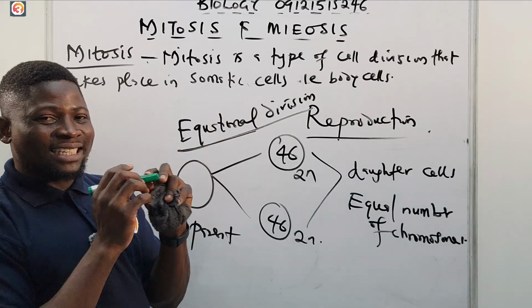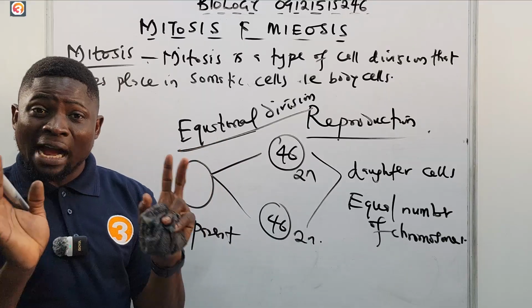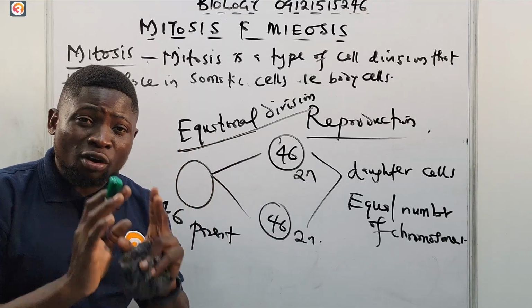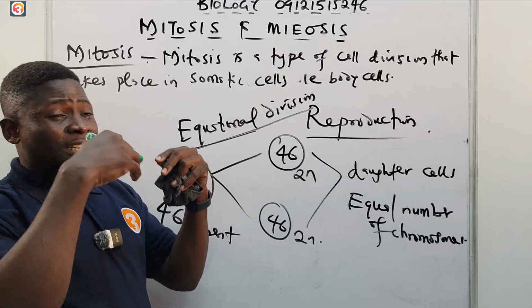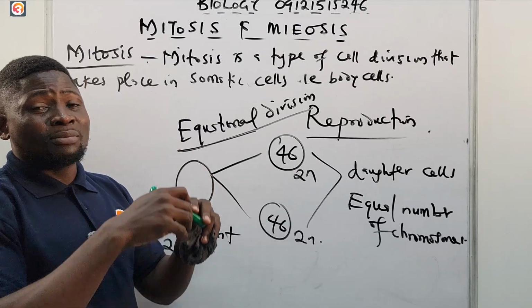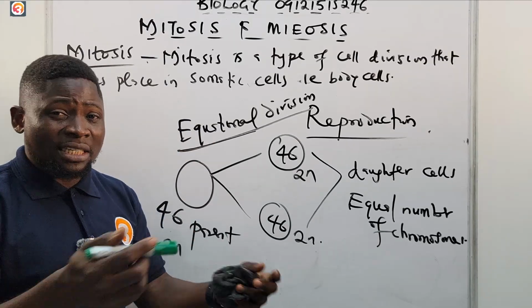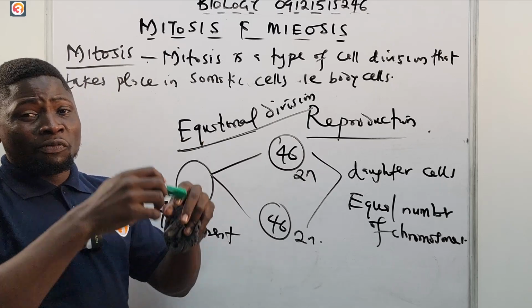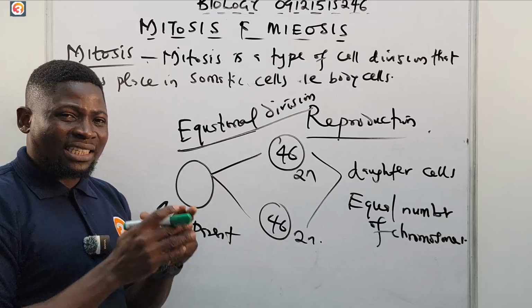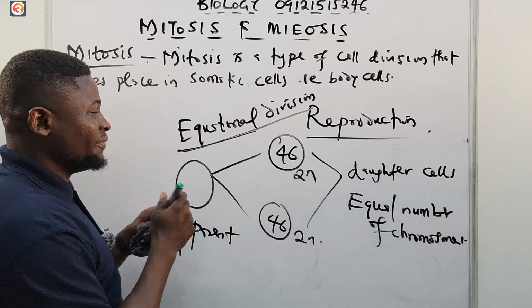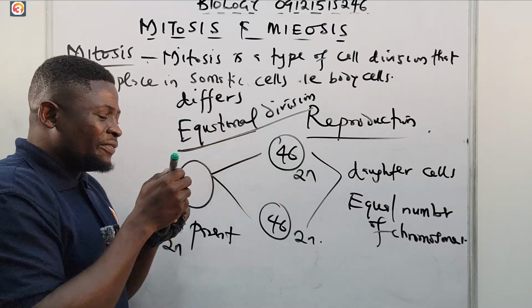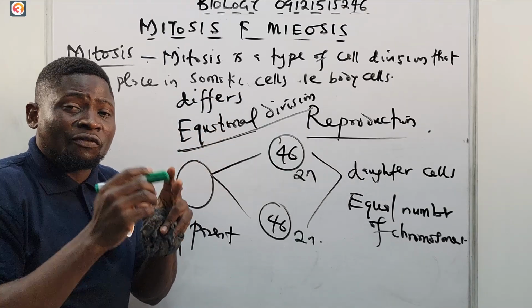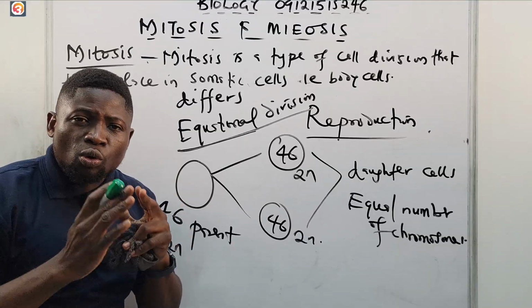And the time it takes for this division to happen differs from organism to organism, and even from person to person. Sometimes it may be very fast, maybe 10 minutes, sometimes it takes hours, sometimes it can even take days. It differs from organism to organism.